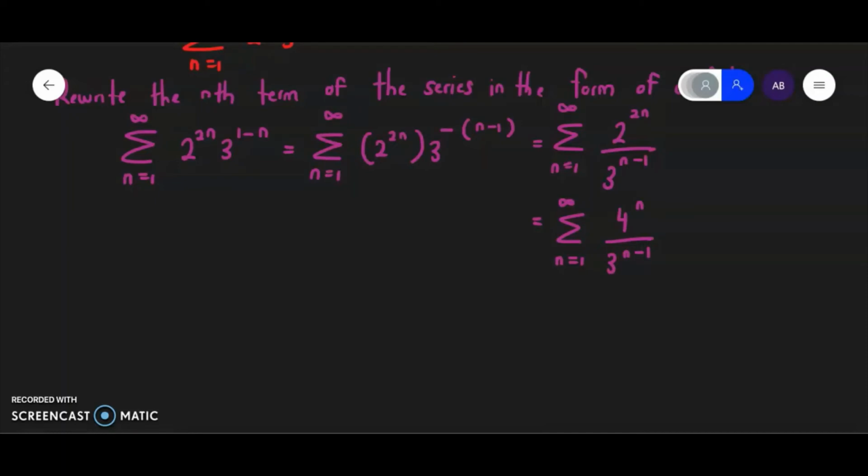Now, to have this n minus 1 term, in order to factor it out, I need to make sure the power here is similar to my denominator. Then I can group this thing. So to do this, let's write it here. So what happens by adding something like this, 4.